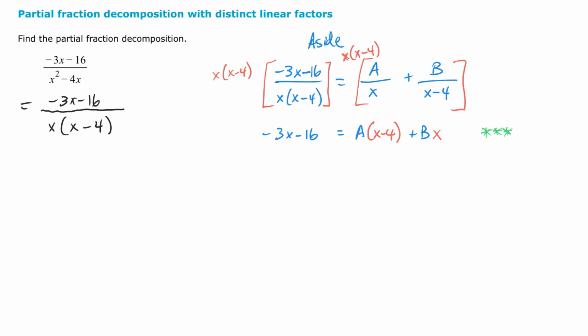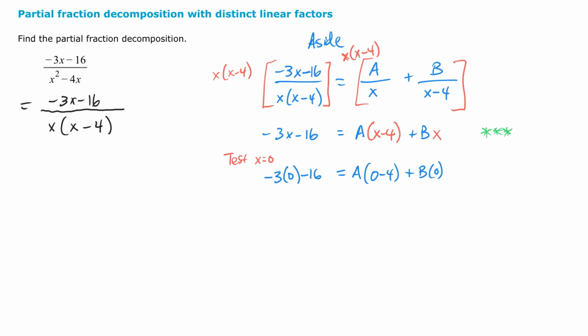If we test x equals 0, then we get this new equation. Negative 3 times 0, I'll write it out just to slow things down, is equal to what? A times what here? 0 minus 4, plus b times 0.